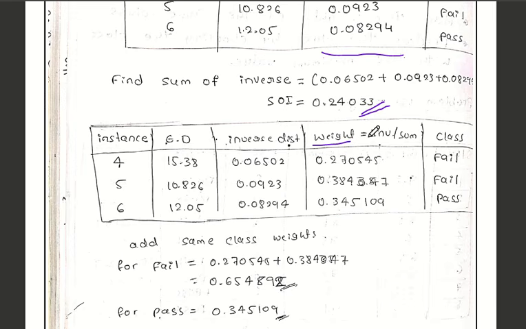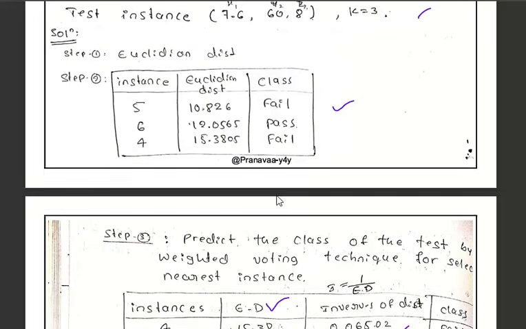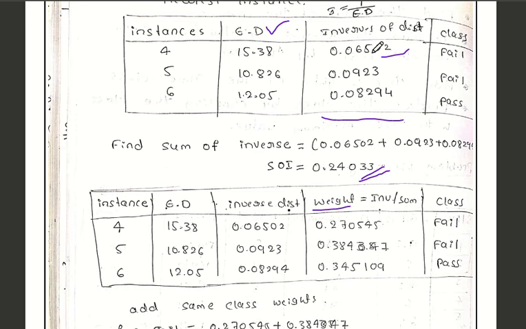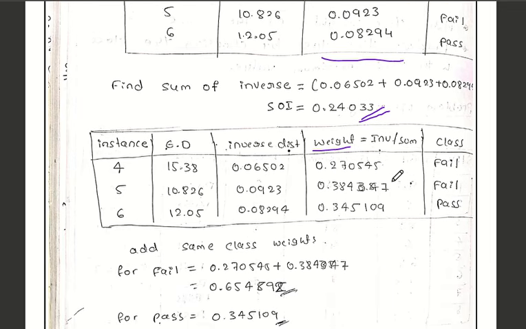Weight equals the inverse, which you have taken here, divided by the whole sum. For example, take 0.06502 divided by 0.2403, like that. Once you do that, you will get another value, that is the weight value.